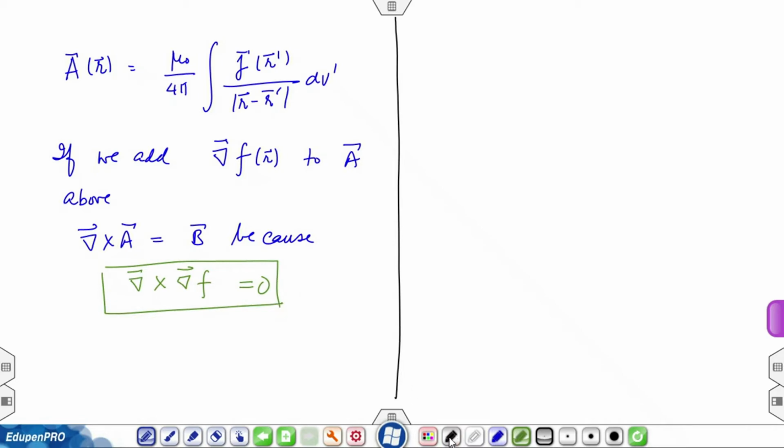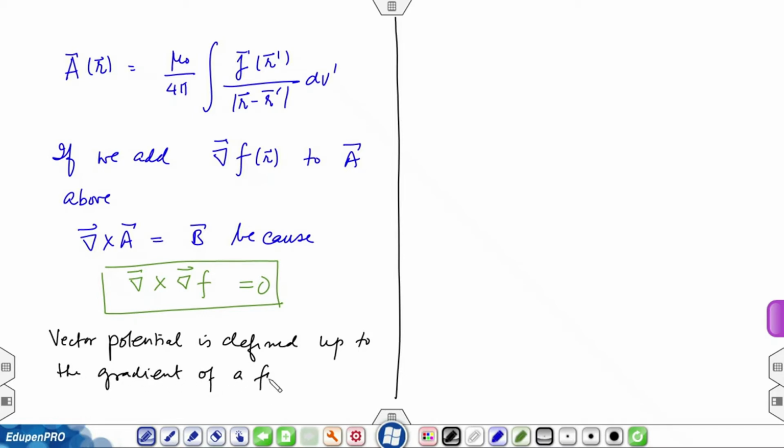So, we can say that the vector potential is defined up to the gradient of a function. That means I can add the gradient of any function to this potential, and I still get the same field. This implies that A of r is not unique.